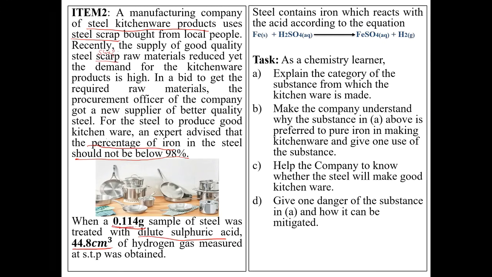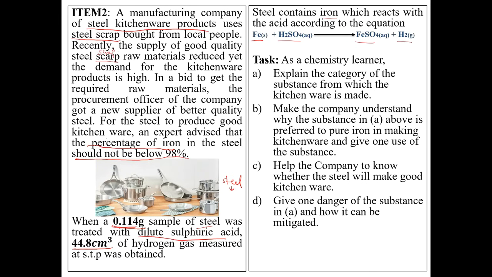This mass they have given us is for the sample of steel. Let's continue first. Steel contains iron, which reacts with the acid according to the equation. So when iron reacts with sulfuric acid, it produces iron sulfate and hydrogen gas.